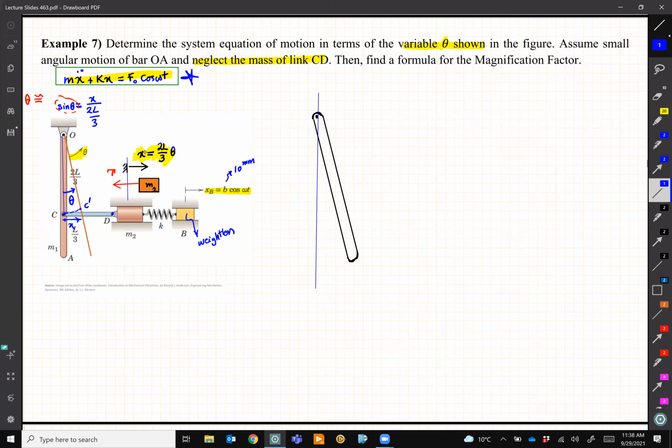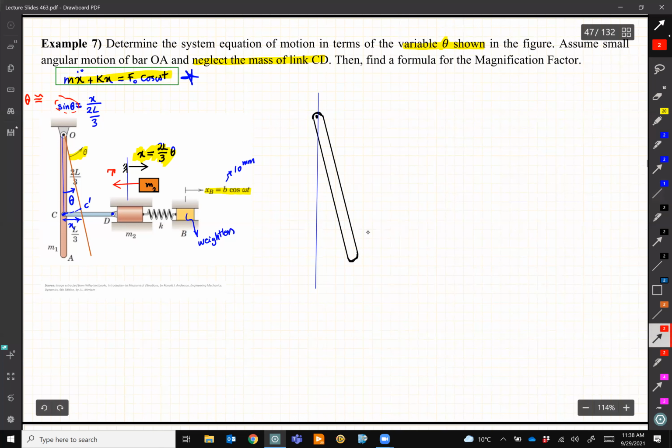But since your marking is not going to be based on the final answer, you might be smart and, without writing any equation, just write the final answer. That's not acceptable. I need to know where it comes from. And also the free body diagram is important because if you make a mistake, you're not going to lose all the marks. I can realize that, oh, you made maybe a silly mistake with this negative sign. So you'd better follow all these steps and also be neat when you're writing. Are we good? Clear? All right.